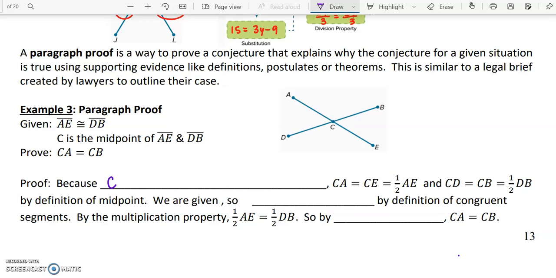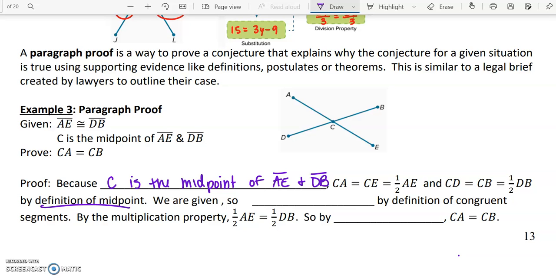So because C is the midpoint, because they're using definition of midpoint next. So because C is the midpoint of AE and DB, then we can do this by the definition of midpoint.